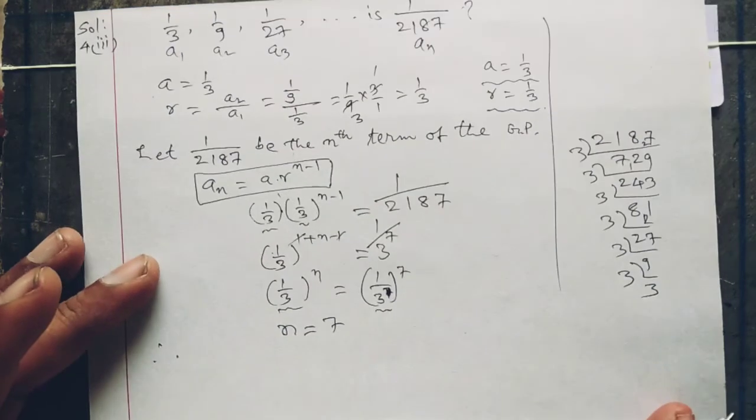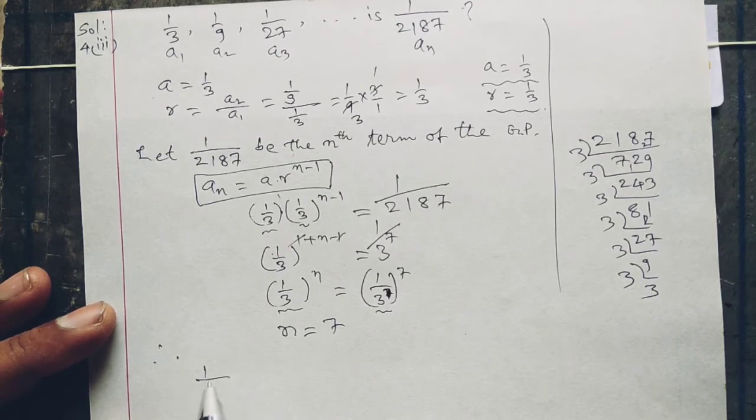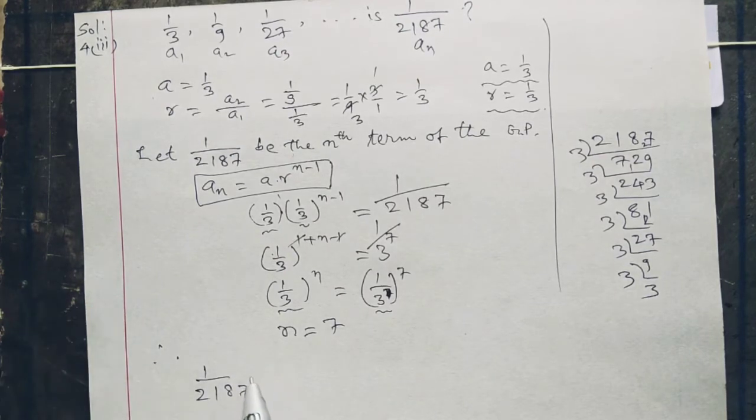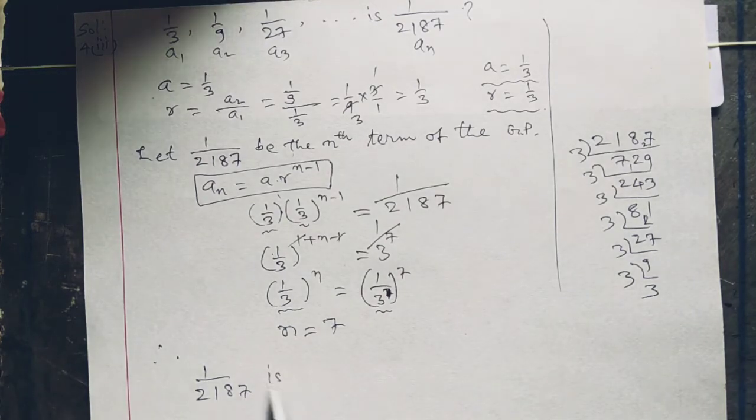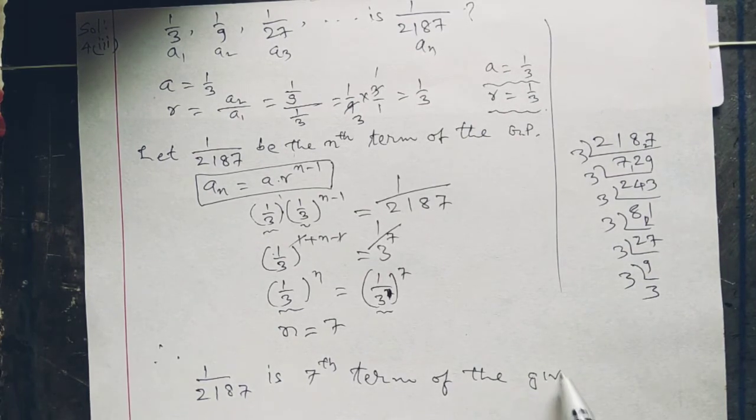Therefore 1 by 2187 is the 7th term of the given GP.